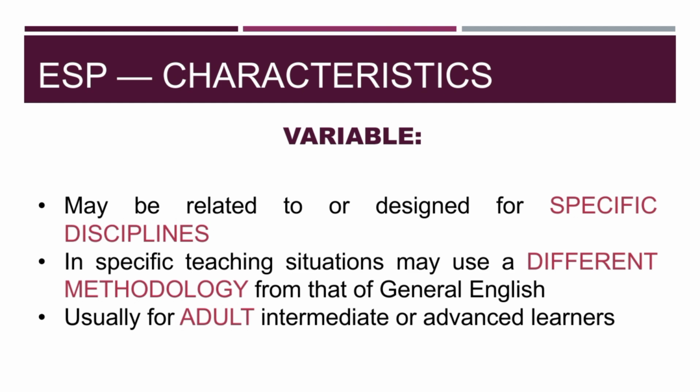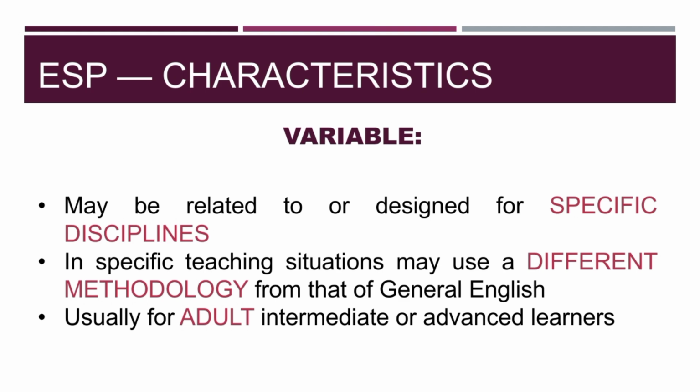The second variable characteristic: in specific teaching situations, ESP may use a different methodology from that of general English. This characteristic highlights that ESP courses often require a tailored approach to teaching and learning, which may differ from the methodologies used in general English courses.